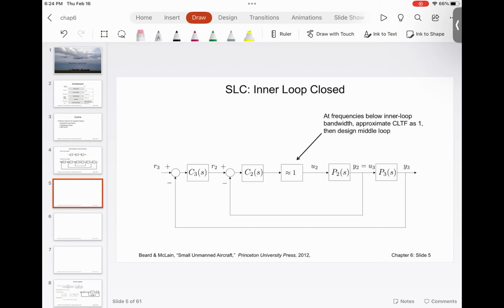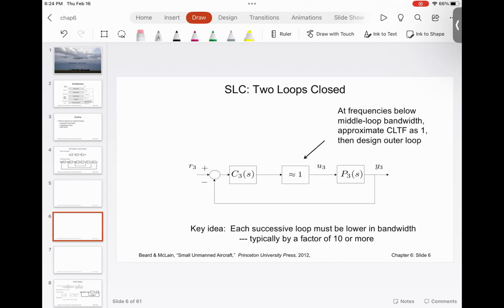So we have to adjust the gain of the system so that the input from the pilot is able to overcome the external disturbance and the system dynamics. At the end of the day, we will adjust the gain in such a way that the inner loop becomes one. So that is the inner loop closing.